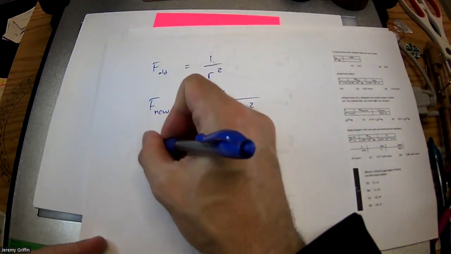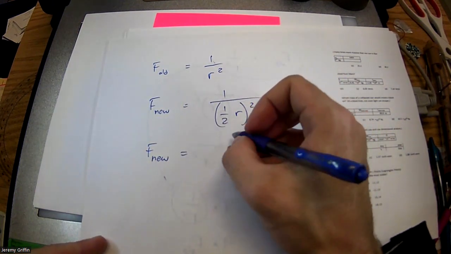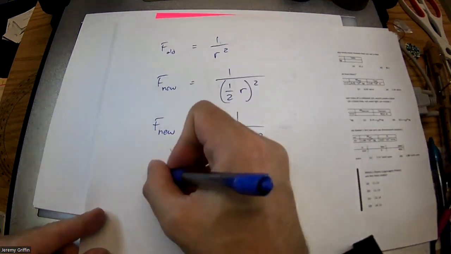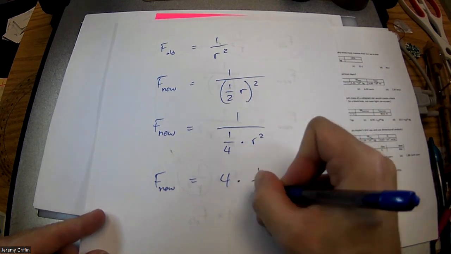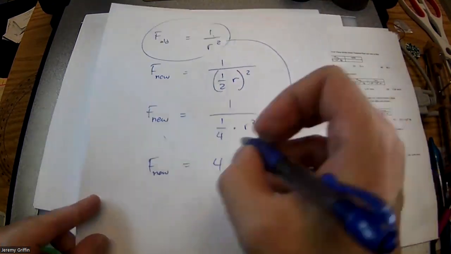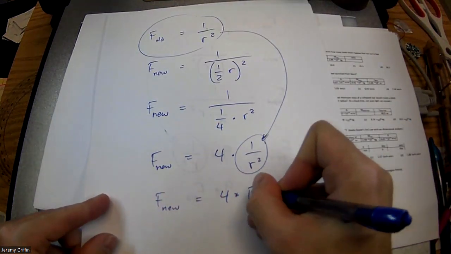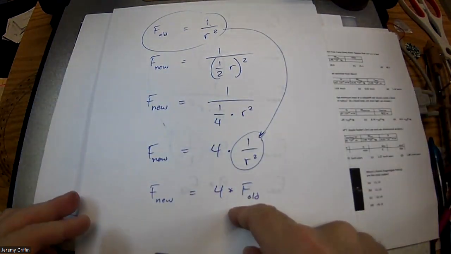So that's 1 over a quarter of R squared, which is 4 times 1 over R squared. 4 times the old force. So if you have half the distance, you have 4 times the force.